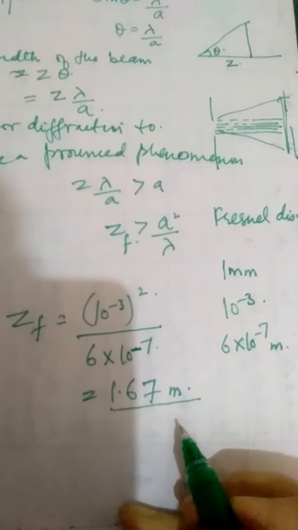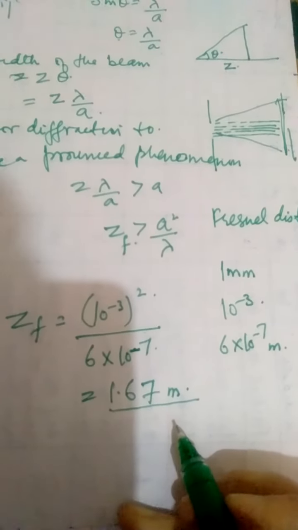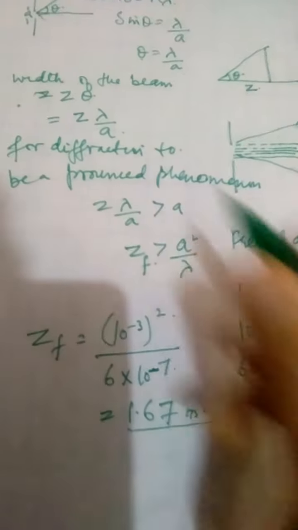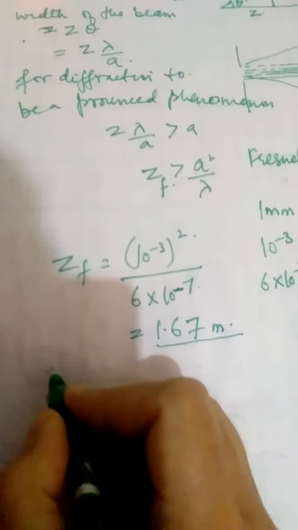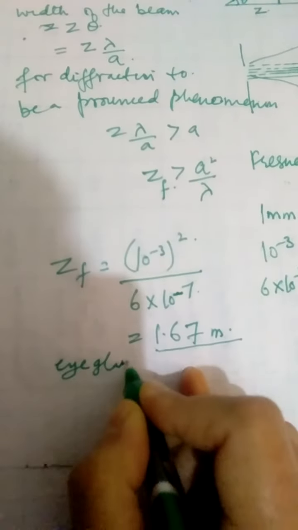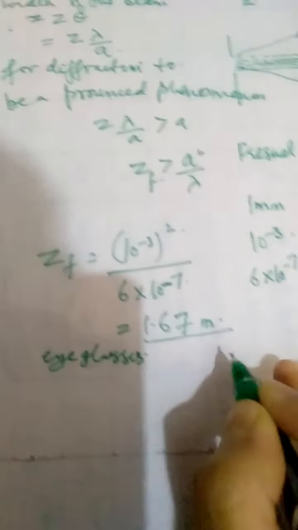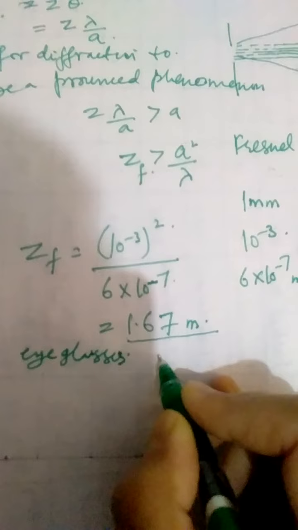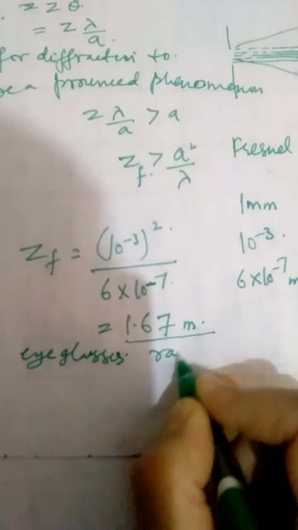That is why in day-to-day life we don't observe the phenomenon of diffraction frequently. Therefore, whenever a doctor prepares eyeglasses for us, they don't take into account the wave nature of light, but only the phenomenon of ray optics.